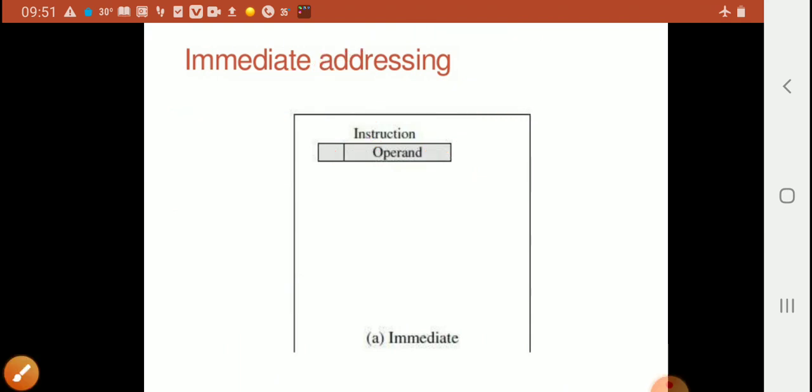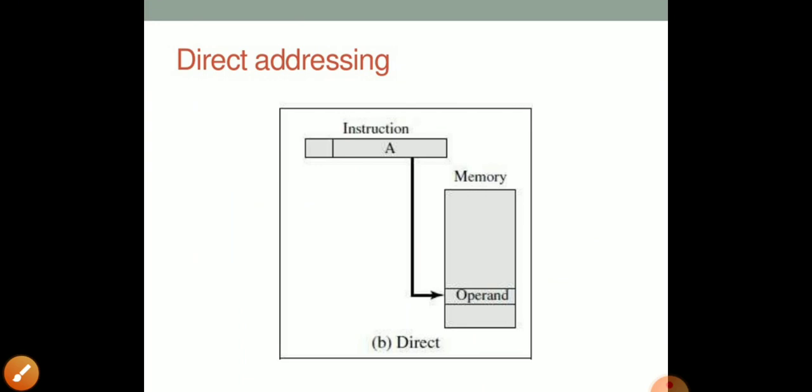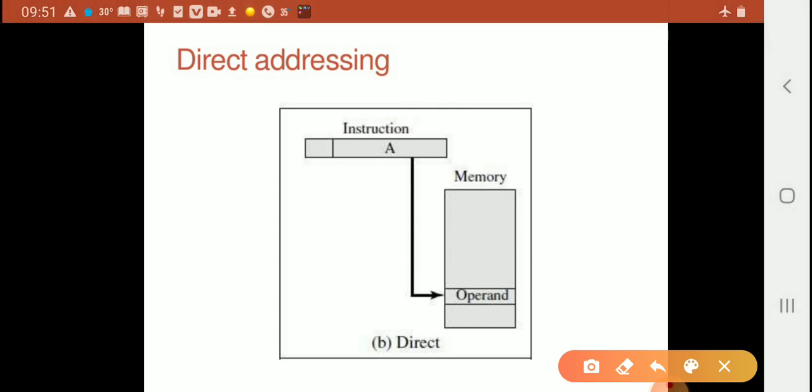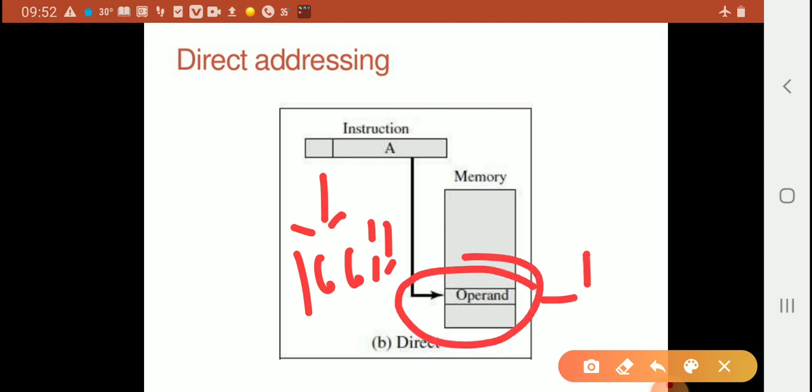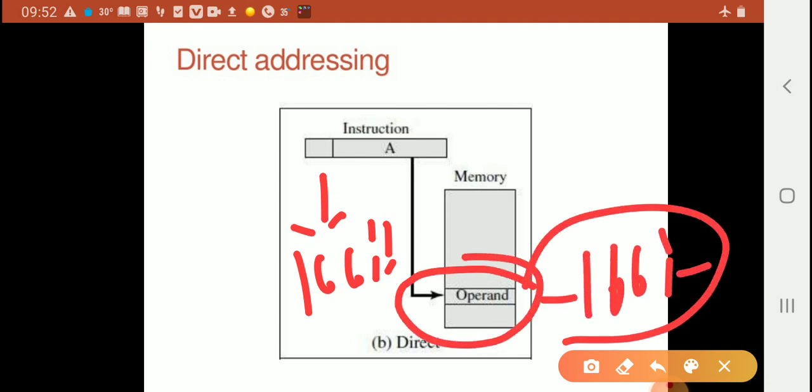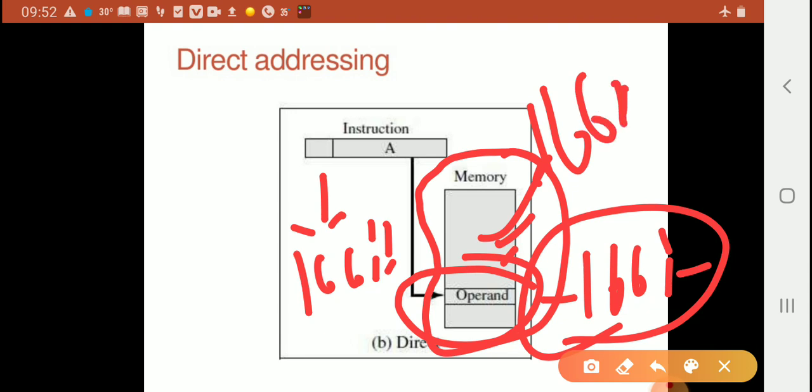Next, direct addressing mode. The direct addressing mode specifies the 16-bit address of the operand within the instruction itself.